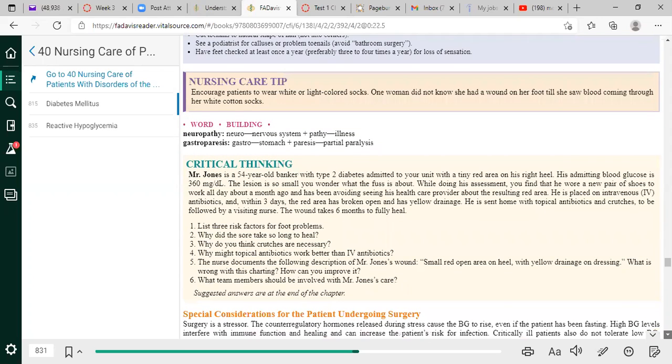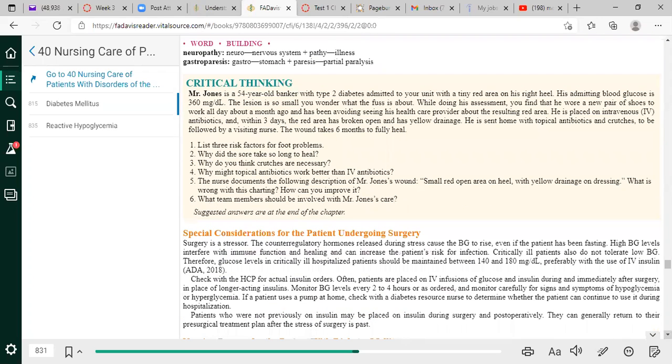Then it talks about special considerations for patients undergoing surgery. Surgery increases blood glucose due to the release of counter-regulatory hormones.